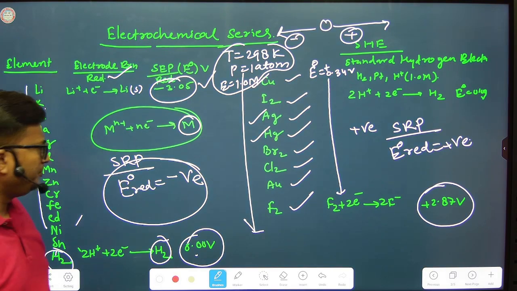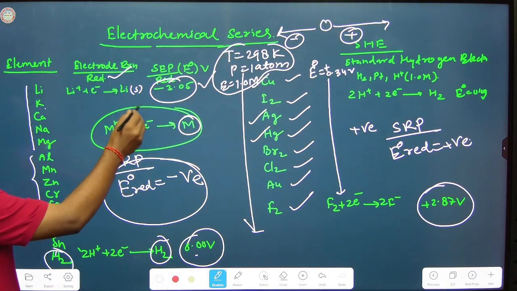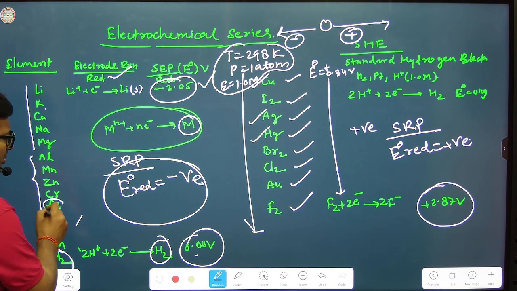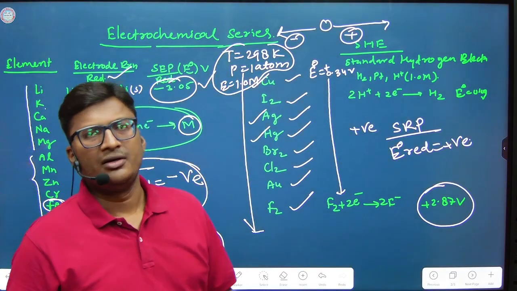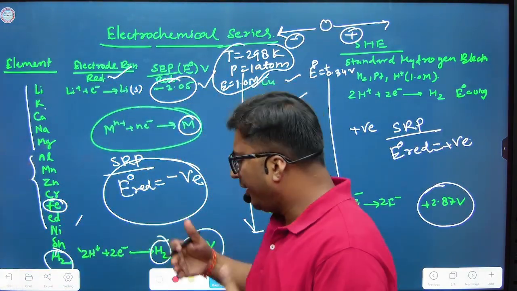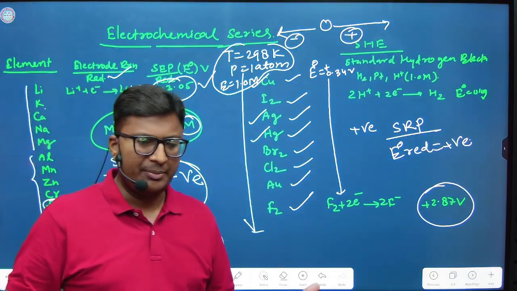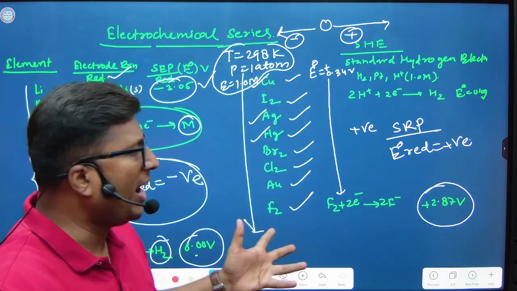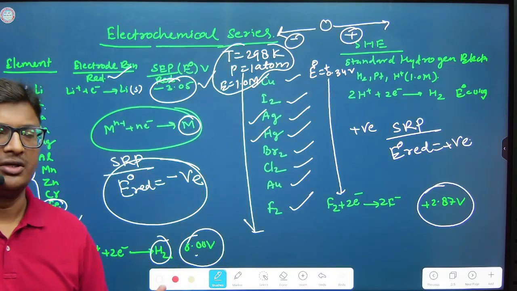Now, as you know, because of the negative standard reduction potential, iron is highly reactive, so it reacts with oxygen in the presence of air or moisture and is converted to hematite, that is Fe2O3 or Fe3O4, right?